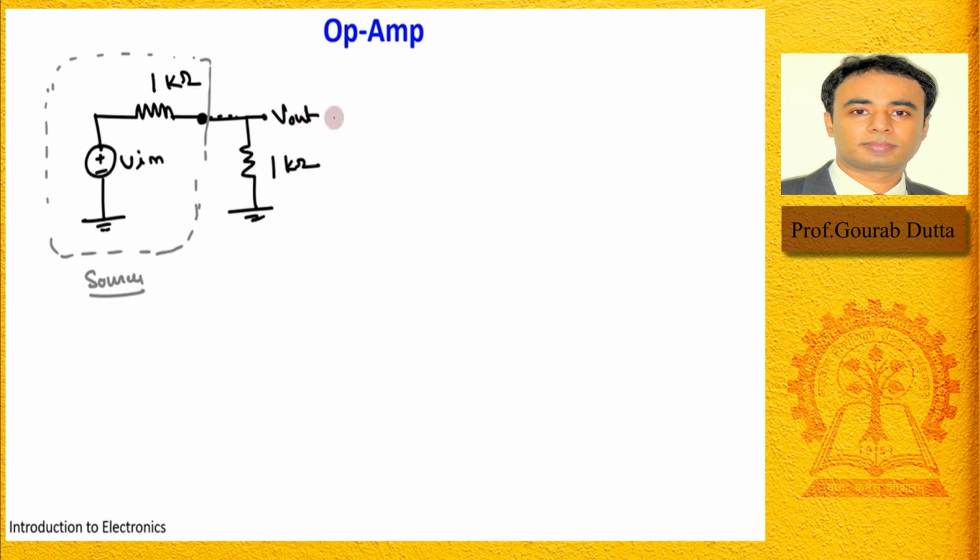Then tell me, what is the output voltage here? The output voltage for this case would be definitely equal to 1 by 1 plus 1, just simple voltage division, right, into V in, right? So it is basically then V in by 2. So the output voltage is this input voltage by 2.